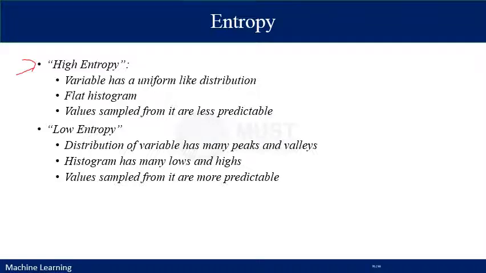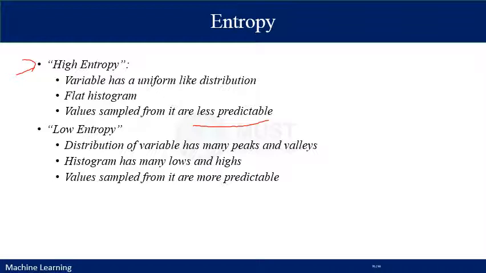As I described in the previous slide, high entropy means the variable has a uniform-like distribution. That means it is more dense towards the center and it has equal probability for all the values. Therefore, it will result in a flat histogram, and values sampled from this higher entropy are less predictable.